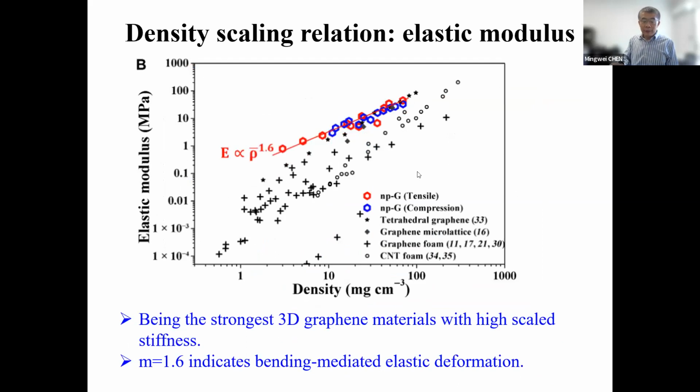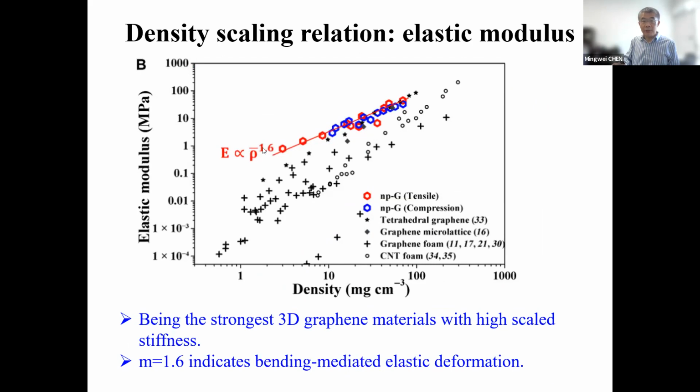Besides strength, because you do the tensile testing, you also can measure the modulus, right? You can scale the modulus. Among all the reported graphene material, this material shows the highest scaled modulus. If you do the scaling relation for compression and tension for our 3D graphene, they show an exponent of something around 1.6.